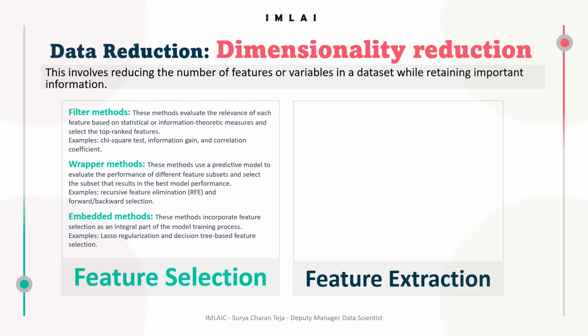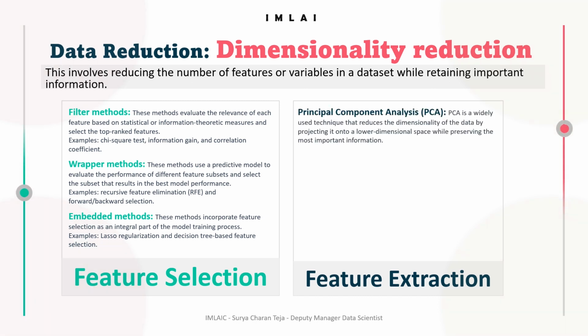Let's look into them one by one. The first one is principal component analysis. PCA is a widely used technique that reduces the dimensionality of the data by projecting it onto a lower dimensional space while preserving the most important information.